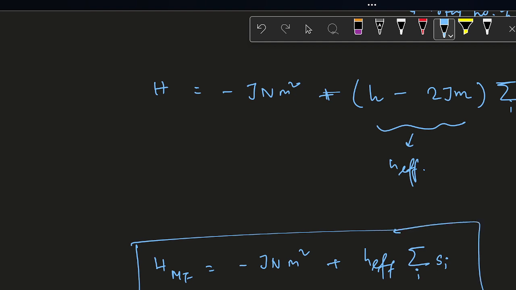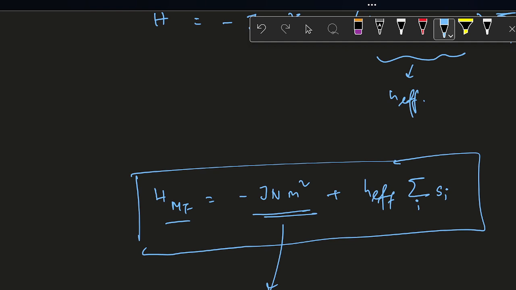Why it is written like that is because this is your mean field Hamiltonian, and it has an interaction term present which involves J in the first term. So this is a constant term coming from the nearest neighbor interaction.